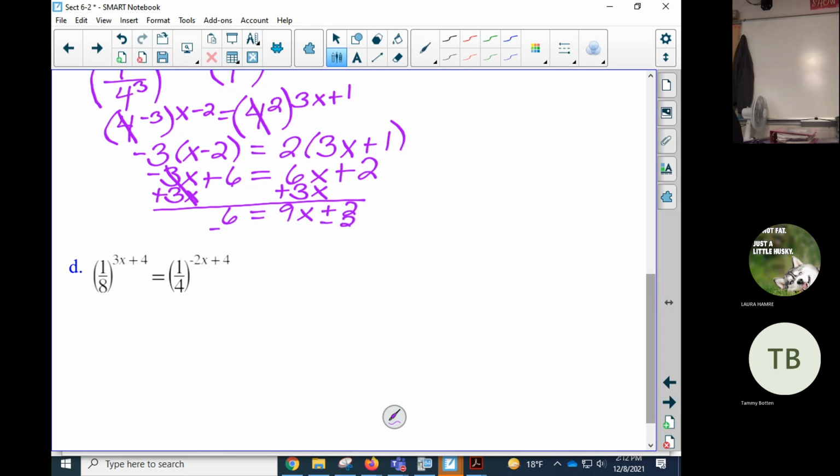And I'm going to subtract 2. And I get 4 equals 9x, divide by 9. And I'm just going to leave that as a fraction. 4 over 9 is simplified, so we can leave it like that. If you would have divided it, I believe you would get 0.44 repeating, and that would have been fine too.